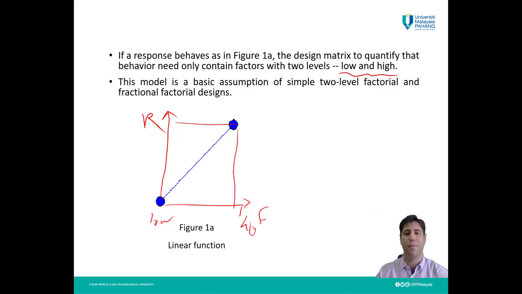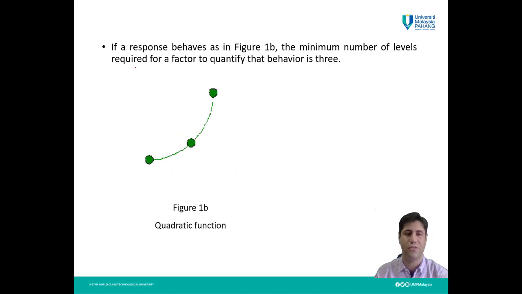So this model actually is the basic assumption of simple two-level factorial and fractional factorial design, which you have already learned in previous sessions. But if a response behaves as this figure, the minimum number of levels required for a factor to quantify the behavior is 3.